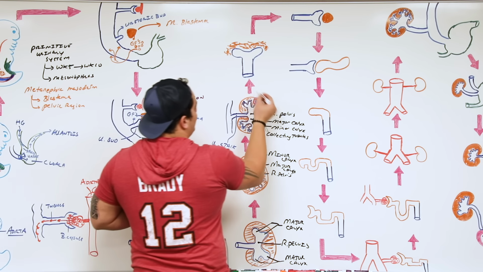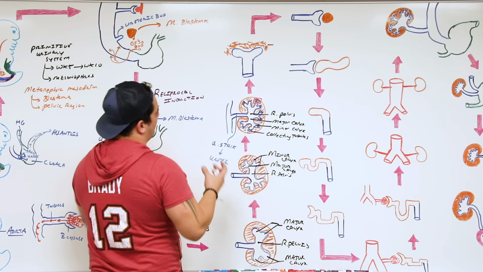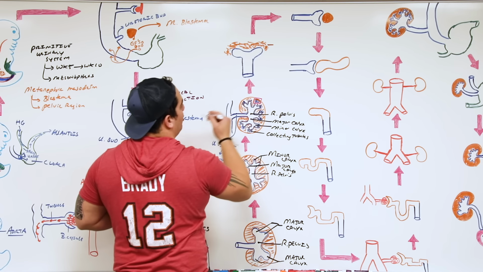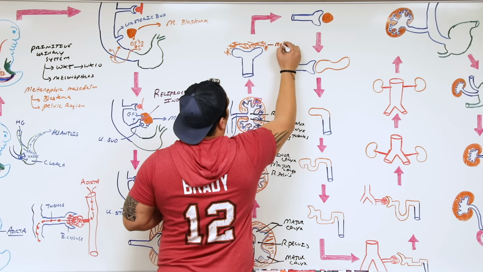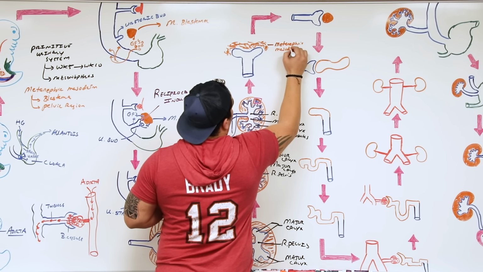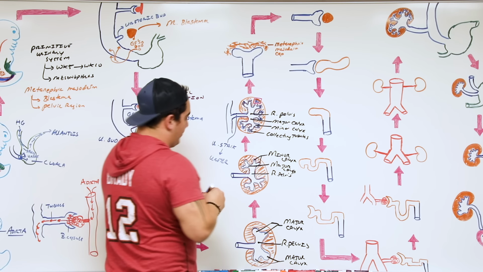So when we zoom in on this portion, this is your metanephric mesoderm. But we give it a weird name, because technically it's capping this collecting tubule. We call this a metanephric mesoderm cap. Yeah, it's stupid, but that's what they call it.